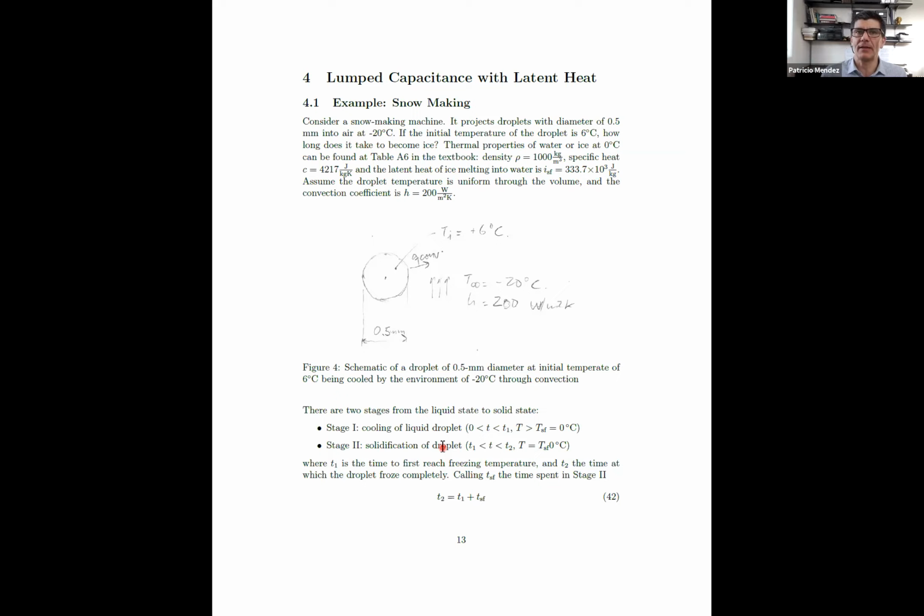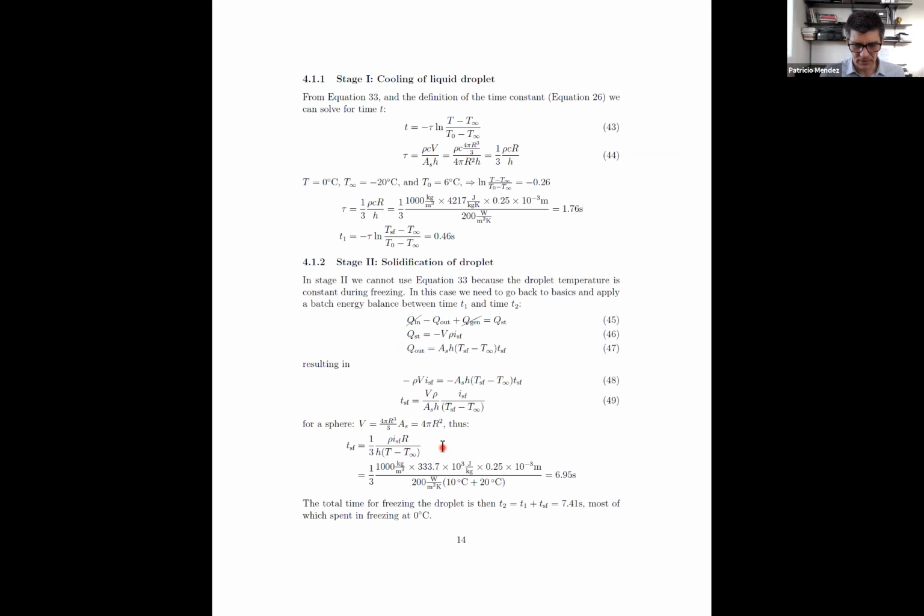It's just changing phase. And we did the calculation that it takes quite a lot of time, of the order of almost 7 seconds for the droplet, once we start to nucleate the first ice crystal, to freeze the last molecules of water into the form of ice.